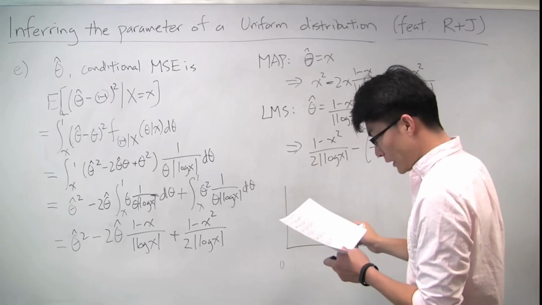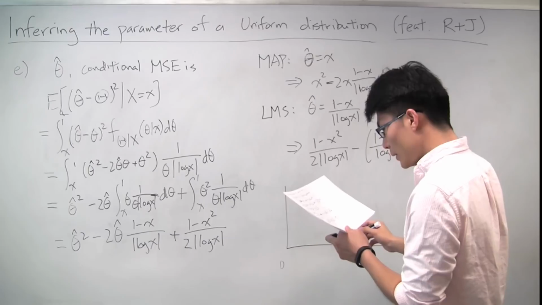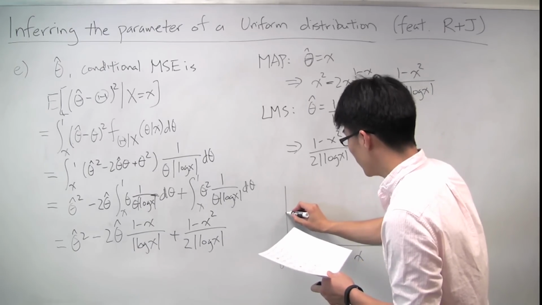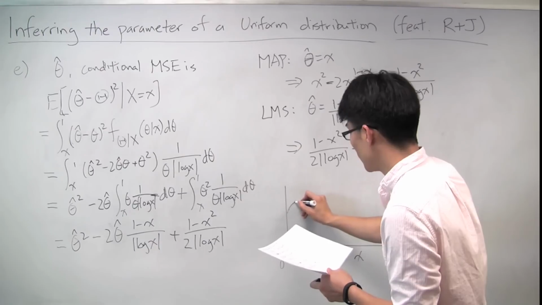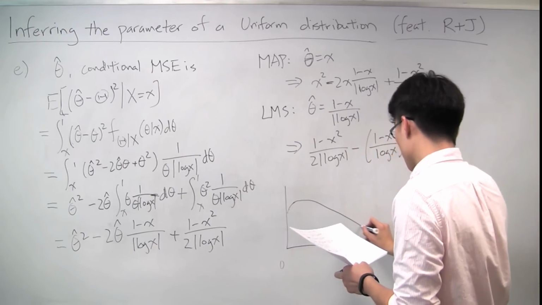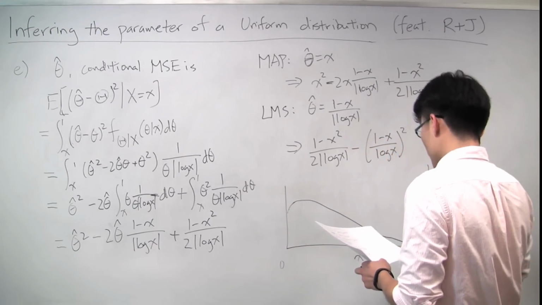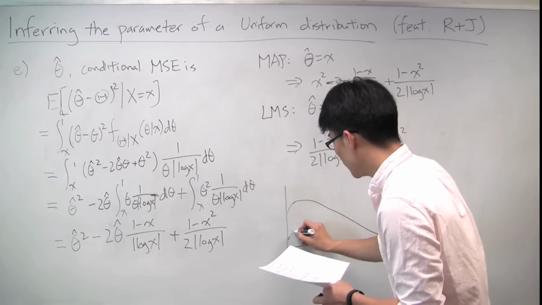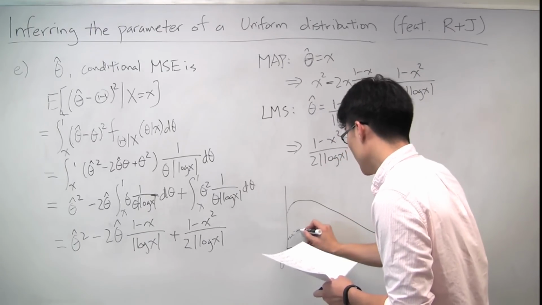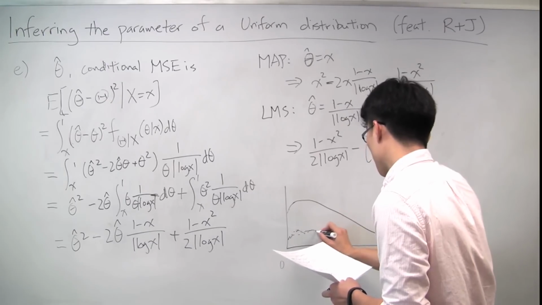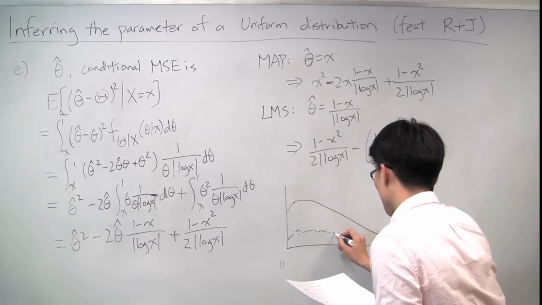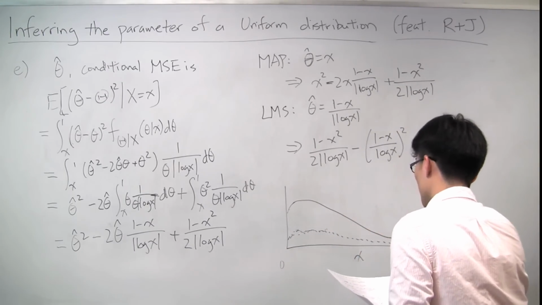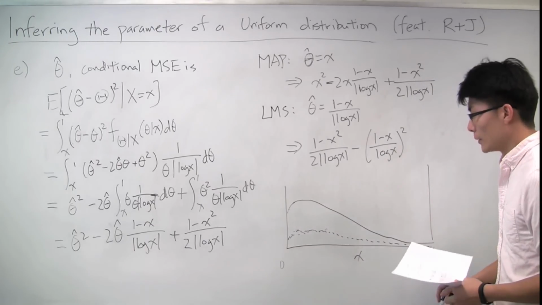So let's do the MAP rule first. The MAP rule will look something like this. And it turns out that the LMS rule is better. And it will look like this dotted line here on the bottom.